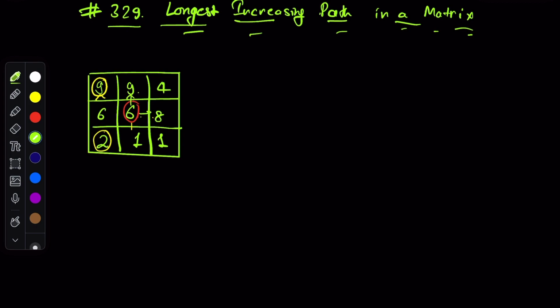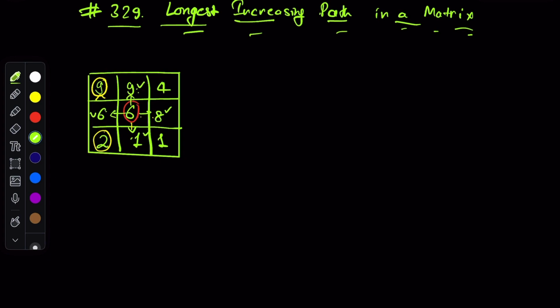This direction, this direction, this and this. And we ask each cell to give us the longest path which starts from it. So we will ask what is the longest which starts from 8, 9, 6 and 1.